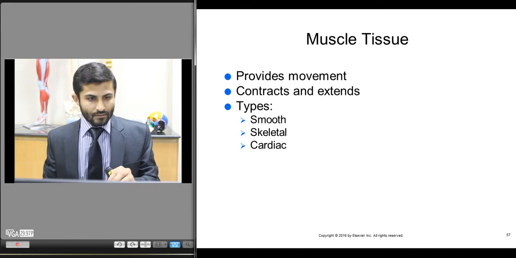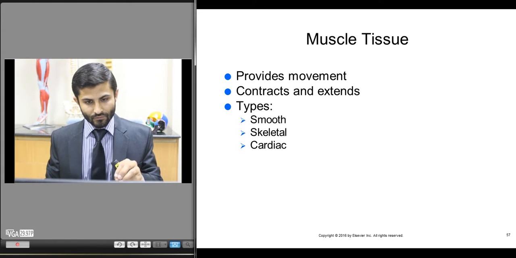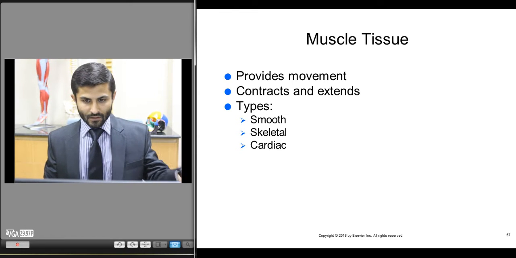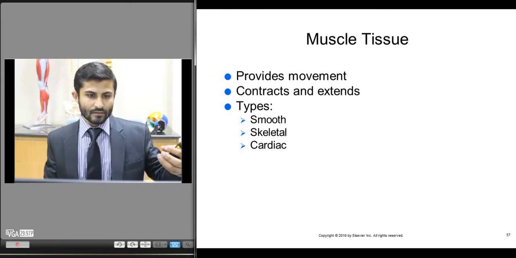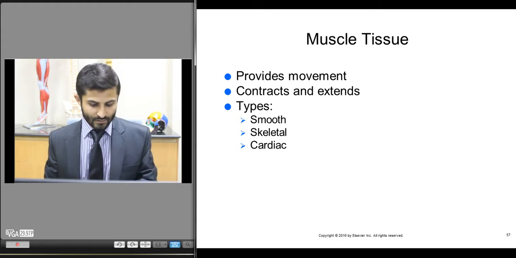The skeletal muscles enable you to move. The smooth muscles are present in the blood vessels and the viscera, so all the organs have the smooth muscles. The cardiac muscles are in the heart, and the skeletal muscles are in the rest of the body.